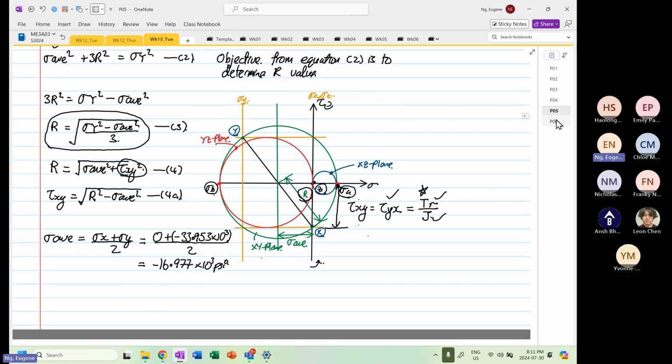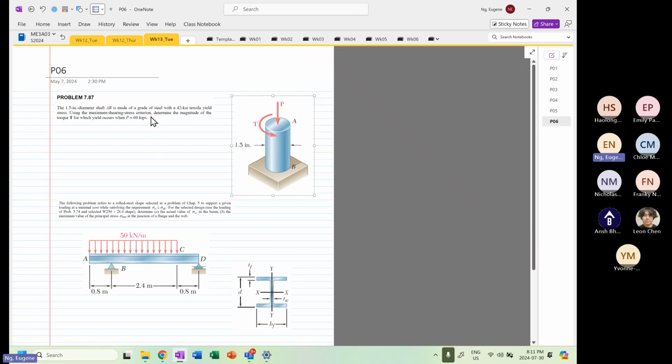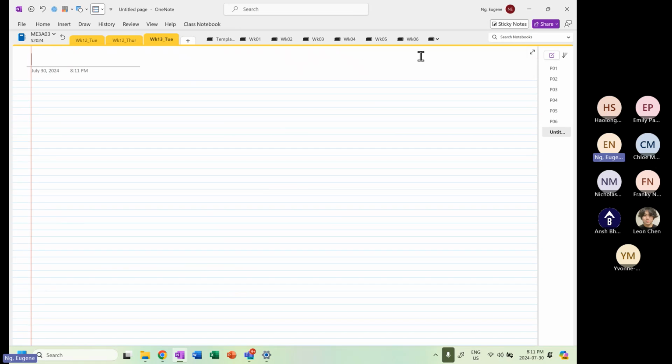So from here we can find our radius. I'll use the next page. I'll get rid of this diagram. Oh no, I think I need a new page because I need all the diagrams over there.